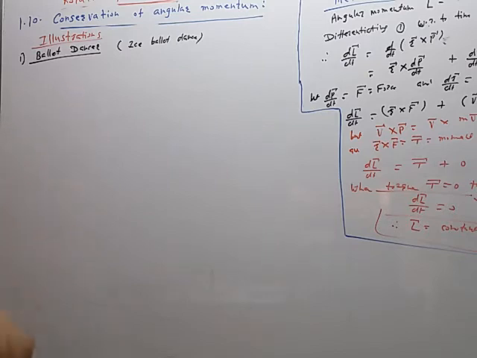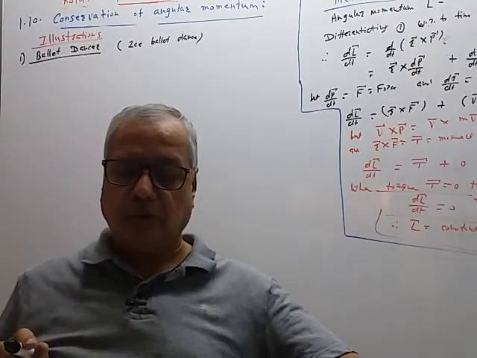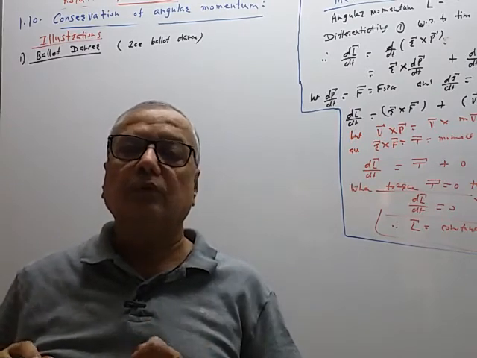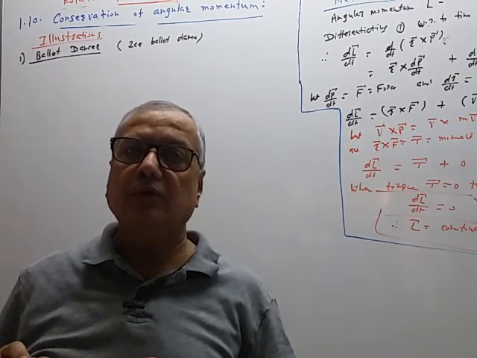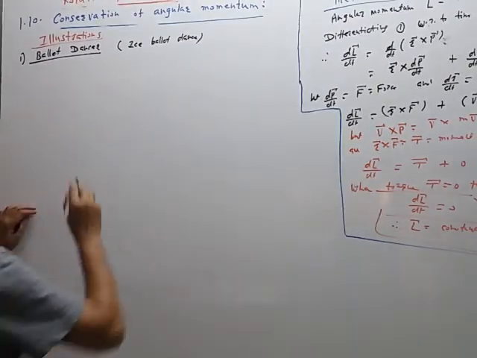In this case, to decrease or increase the speed, we have to change the moment of inertia. When we have to decrease the speed, we have to increase the moment of inertia.